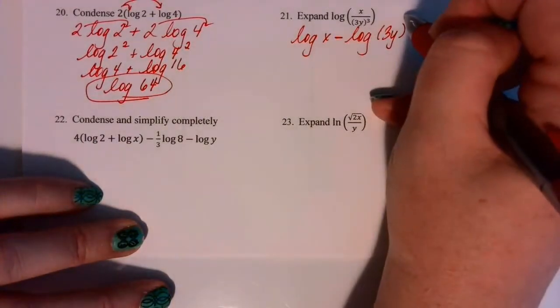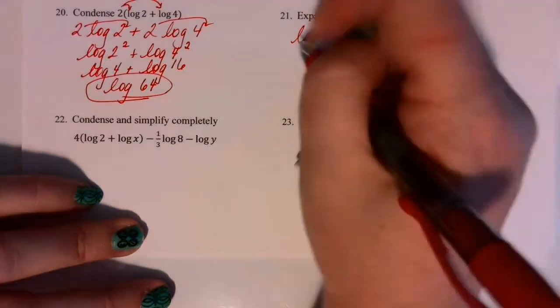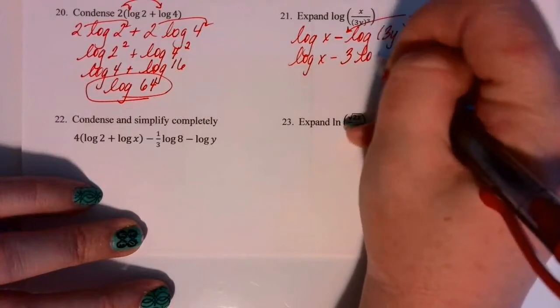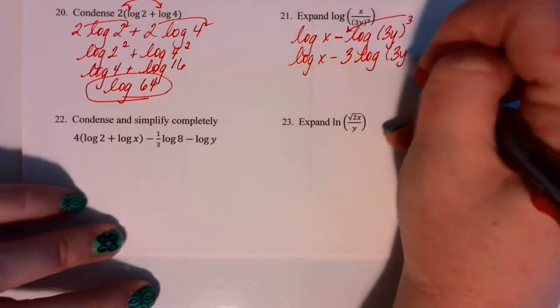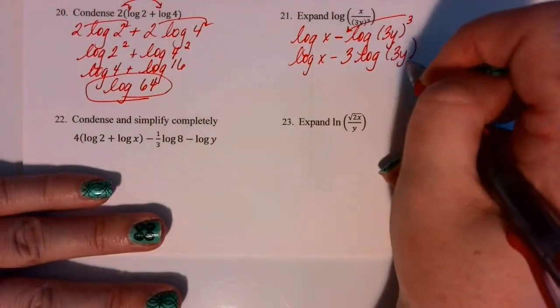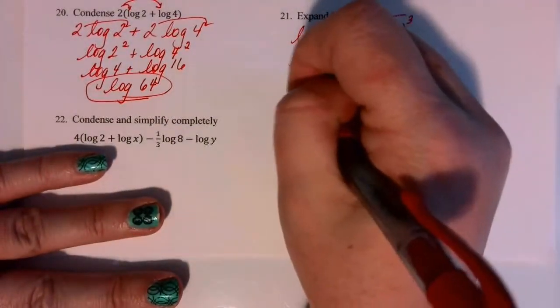Then we can grab that exponent and make it the coefficient on that log using the power property. So that would be the log of x minus 3 log of the quantity 3y. And then we can expand that further. Since that's a product, we can expand that using the product property.